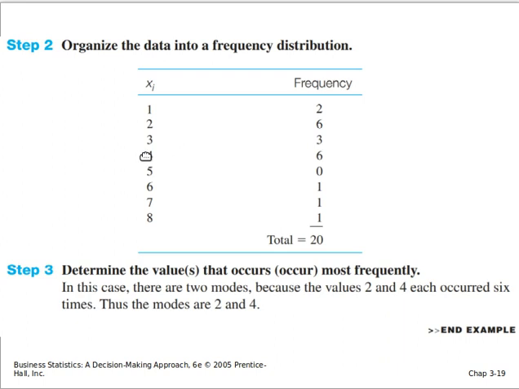For a group of 4, there were 6. For a group of 5, there were none, 0. For a group of 6, there was 1. For a group of 7, there was also 1. And for a group of 8, there was also 1. For a total of 20. So, what is now the frequency?